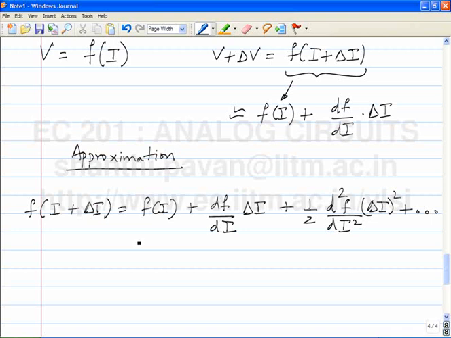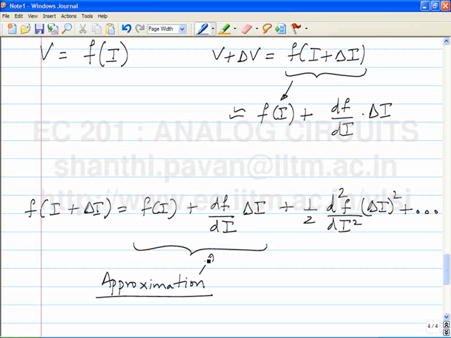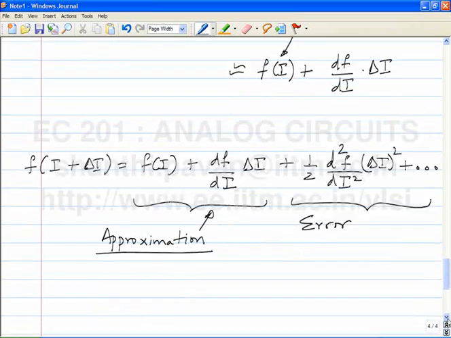And we are approximating this entire series by just the first two terms. So what is the error involved? What error have you made when you try to approximate something? It obviously implies that there is some error in your approximation. This is the error.